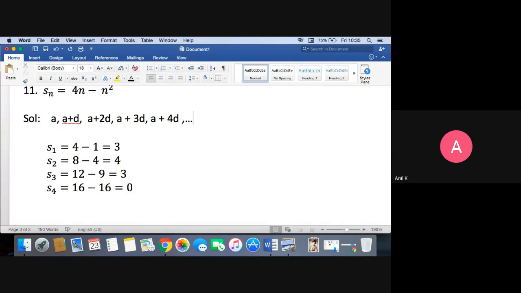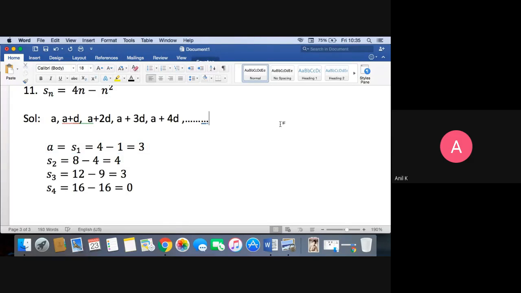This process will continue. So here S1 means sum of first term. Sum of first term is nothing but the first term only. So your S1 is also nothing but the a value only. Whether I say sum of one term or a value, it is going to be the same.